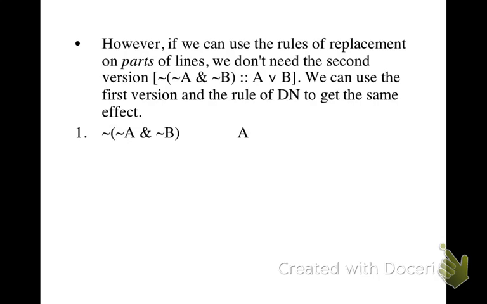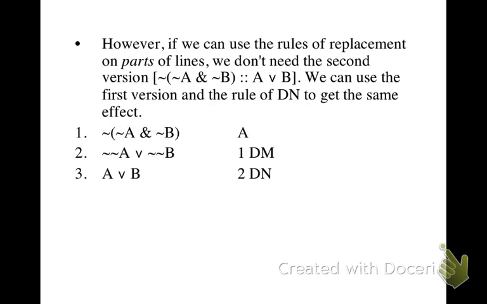Suppose we have the assumption it's false that not A and not B. Well, if we apply the first version of De Morgan's to that, we get the formula not A or not B. Now that's kind of ugly, and maybe those negations are not useful to us. They're just getting in our way, so we want to get rid of them. No problem. We can just do that using the rule of double negation.